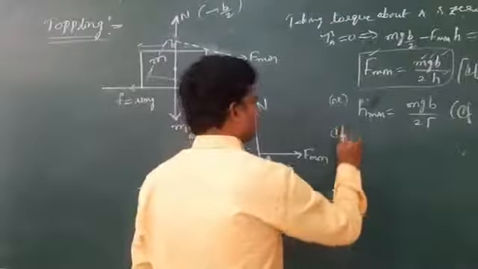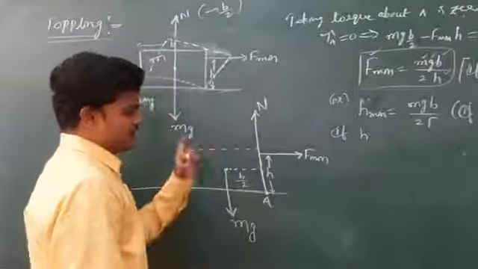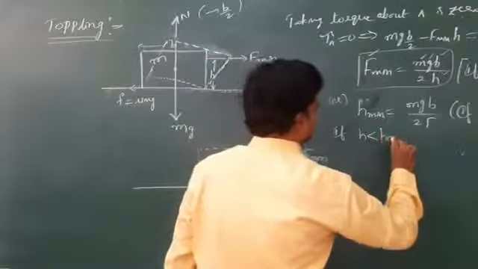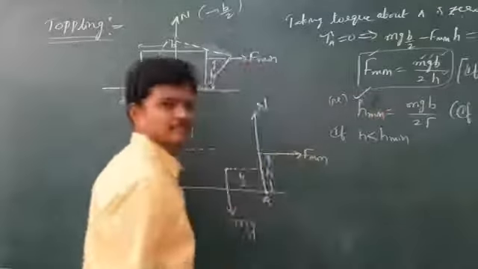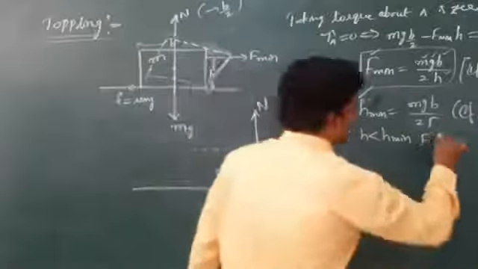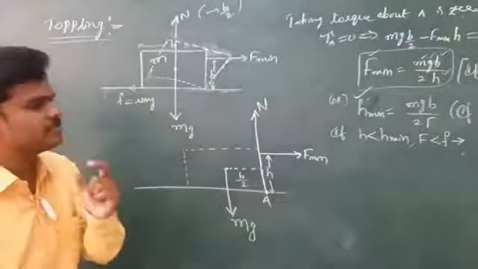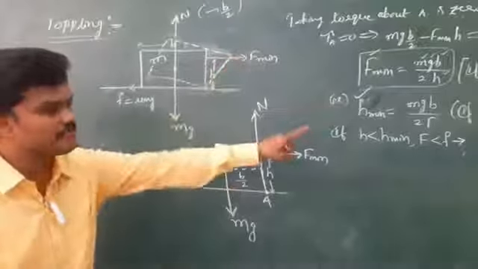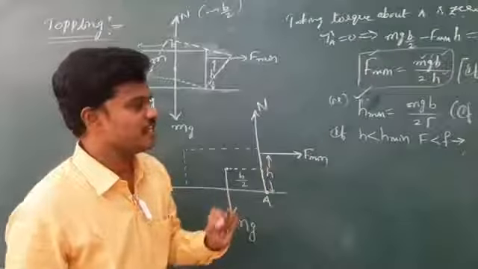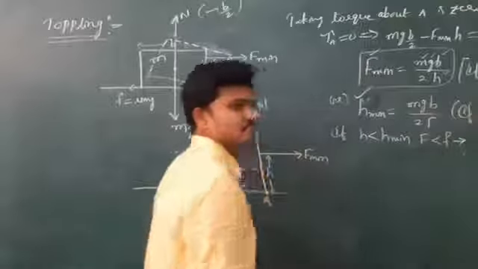See the conditions carefully. If the value of height H is less than H minimum, and the applied force, capital F, is less than f, where small f is the frictional force, then the body is neither sliding nor toppling.